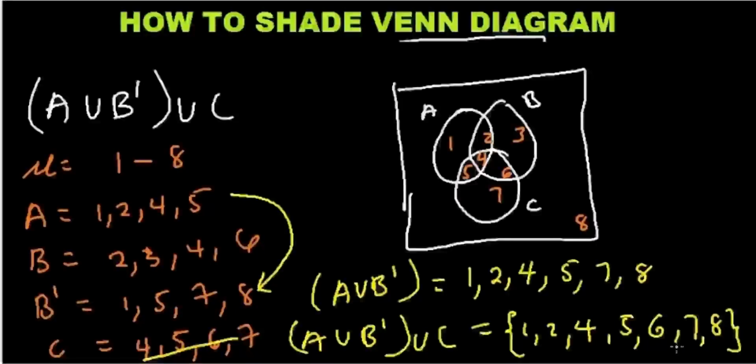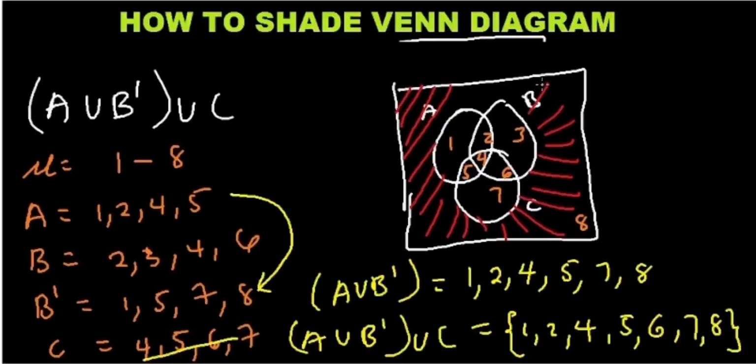Okay. So for me, the only thing I'm not shading is the 3. Every other thing will be shaded. So let's shade it now. We're going to shade our 8, that's outside the sets. I'm shading the 8. We are shading the 1.